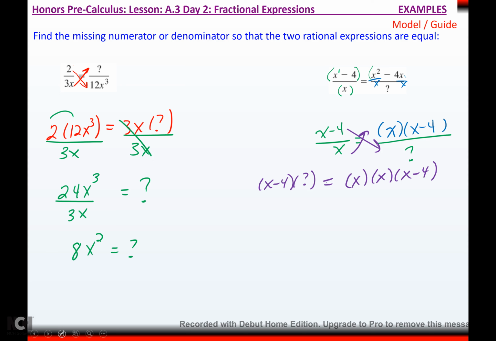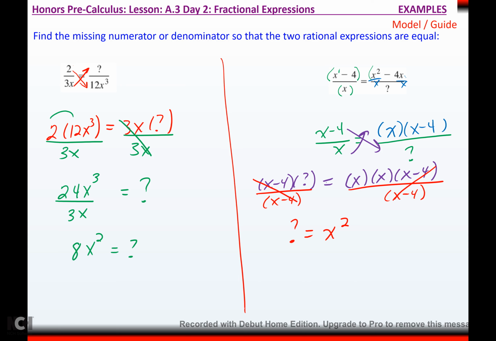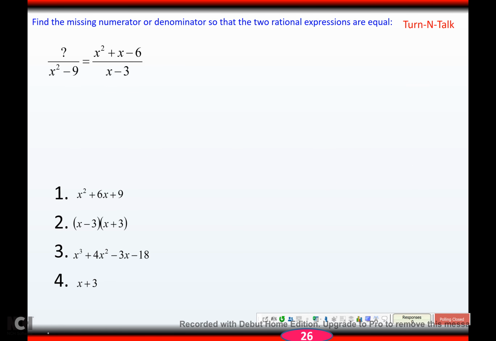I'm going to wait and see what cancels, because if I try and get my question mark alone, I'm going to have to divide by x minus 4, which cancels here and cancels here, which leaves x squared for my question mark. Okay? Alright, so you try this one. Hit pause, come back when you're ready.